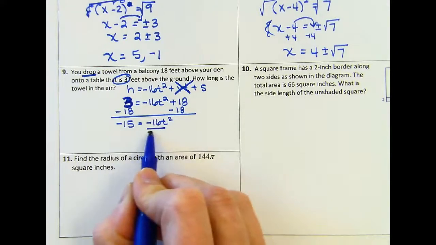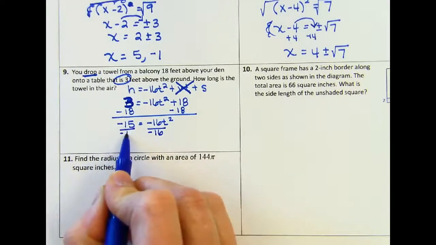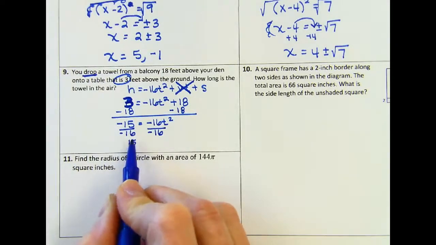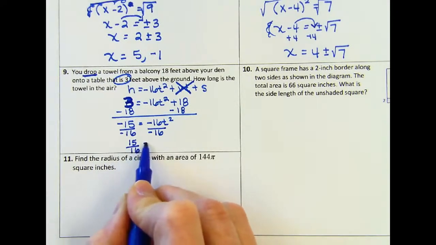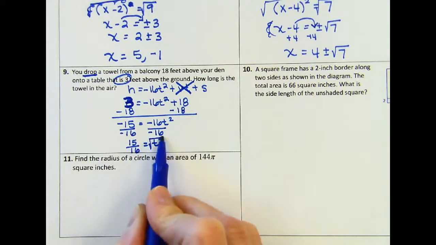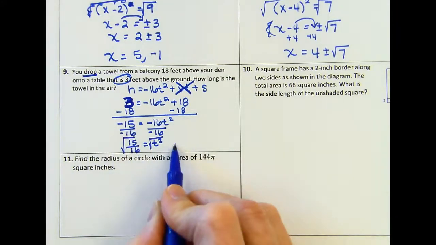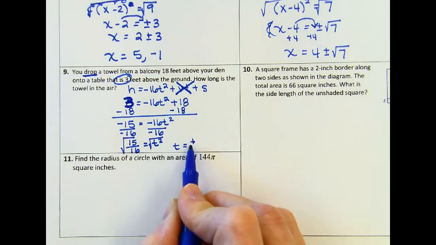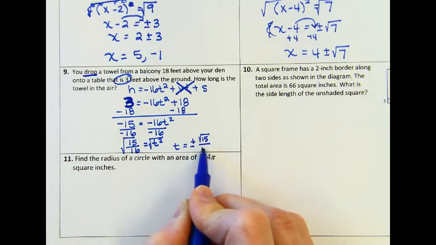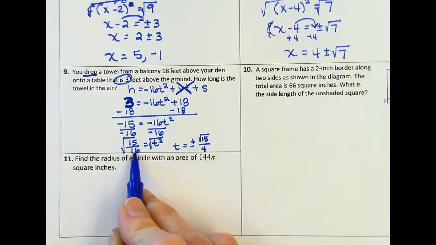I divide by negative 16, and I get 15 over 16 equals t squared. So I square root both sides, and t is going to equal plus or minus square root of 15 over 4, because I can actually do the square root of 16.